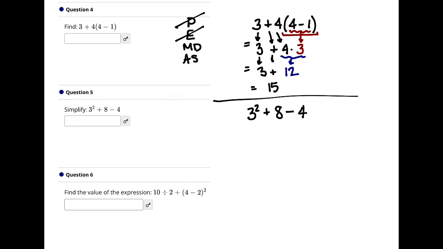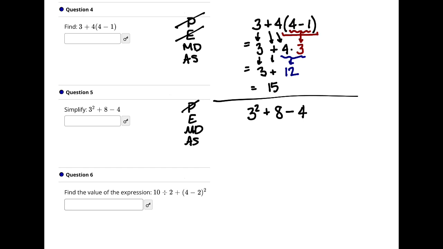Okay, question number 5. So we have PEMDAS again. And if you notice this time, we don't have any parentheses, so we can cross that one out immediately. We do have an exponent, though. So this exponent on the 3, we've got to do this part first before I get to the add or subtract.